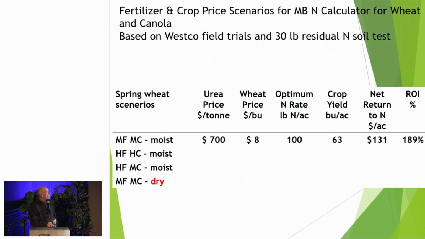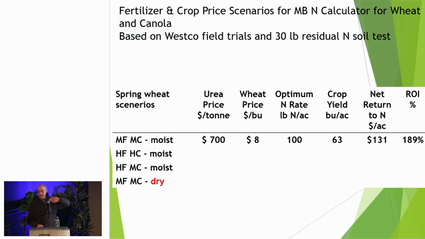As crop prices change, there are modest swings in the rates of nitrogen, but they're only modest changes that result. So if I put this in a table to compare some different scenarios, I'm calling this the current numbers: modest fertilizer and modest crop price, $700 a ton for urea and $8 wheat, optimum nitrogen rate 100, yield 63, and this is the net return to nitrogen. That's for all the nitrogen. The way that calculator works, my return on the last dollar that I spend on nitrogen gives me $1 of crop.